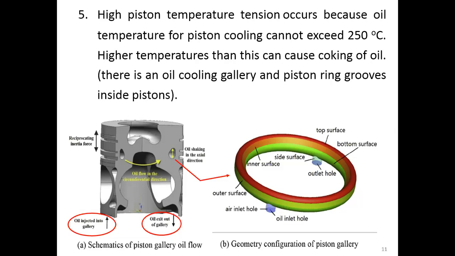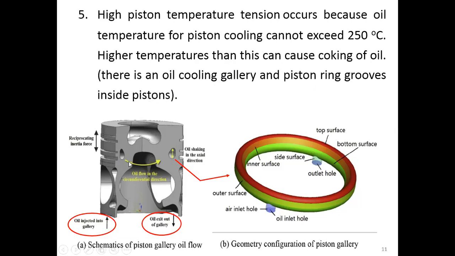Inside the piston, I show you here, there is an oil cooling gallery and a piston ring groove. On the bottom of the piston, the oil is injected into the gallery and then flows around inside the piston.